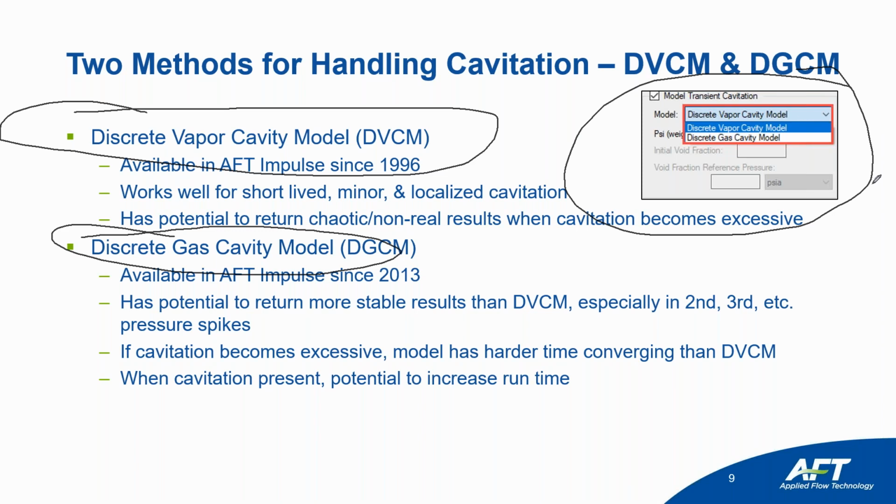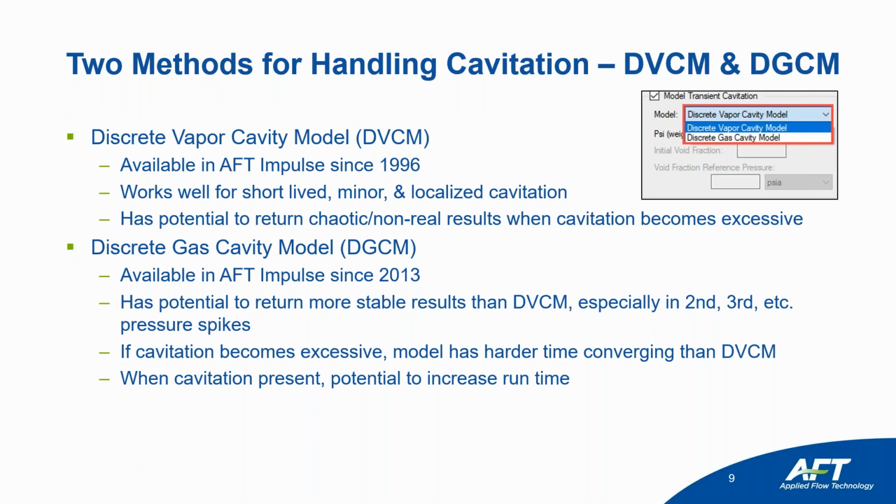The main thing is that the discrete vapor cavity model has been in Impulse for a long time and works really well for very short-lived minor cavitation spikes. And so it has the potential to very quickly produce non-realistic results when you have lots of cavitation going on.